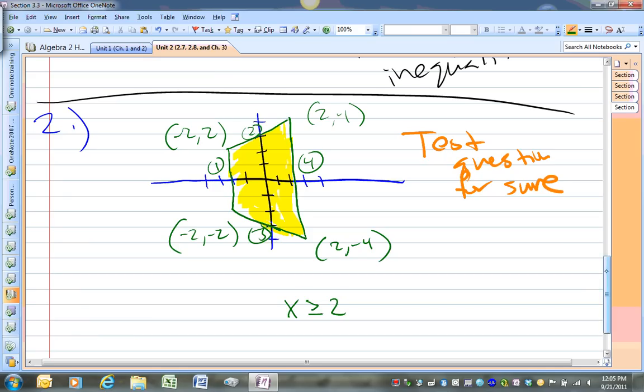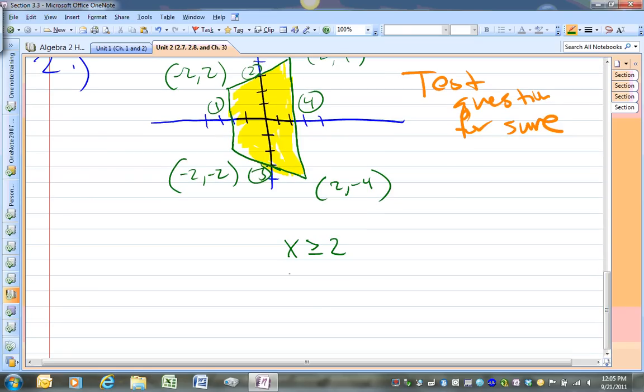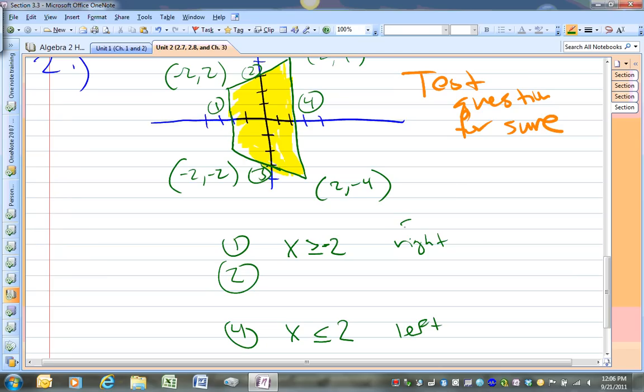So I'll say x greater than or equal to negative 2. For line 4, that's a vertical line, but now it's a positive 2. So x is less than or equal to 2, because it's going to the left. Remember, for line 1 the shading's right; here the shading's left.